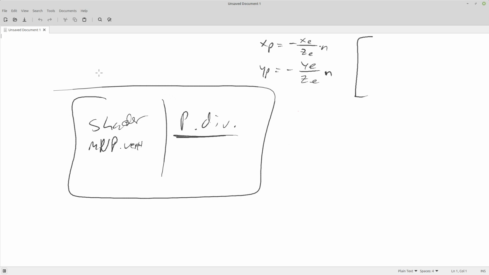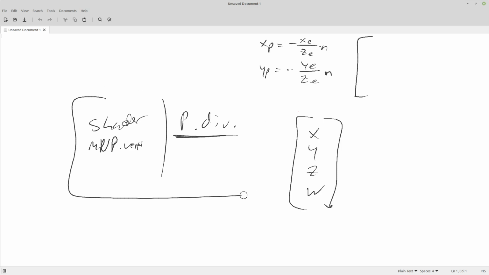So the way to do that is to use the w value, right? We're going to have vertices that are x, y, and z. There's a w value, but we don't actually really need that. So what we can do is use that as the place to encode that z value. So what that looks like, if I can delete all this.